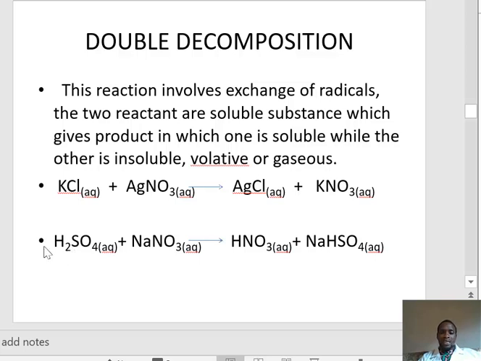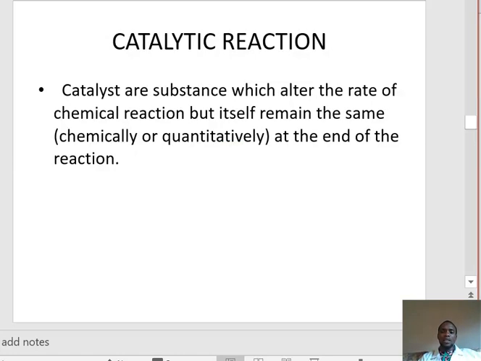Now, when you look at the reaction between these two soluble substances, H2SO4 and sodium nitrate, this gives us a volatile compound, HNO3, and another substance, sodium hydrogen tetraoxosulphate(VI), which is soluble. So this is a double decomposition reaction.